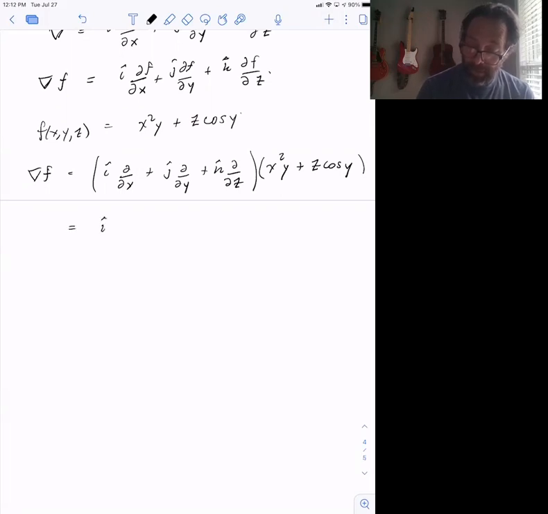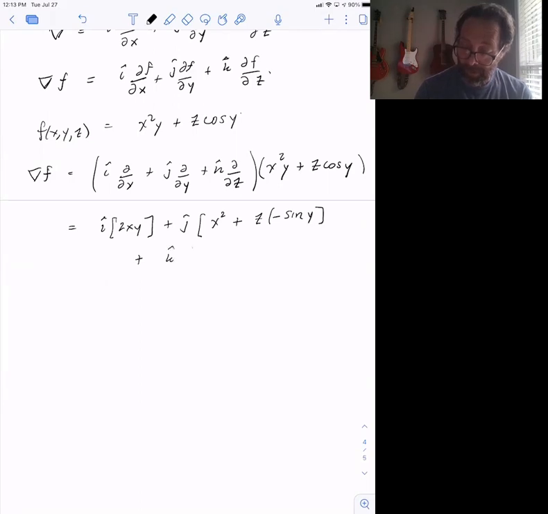So this will be I hat, and I start searching for anything with x, and there it is. And I will get 2xy. There's no x in z cosine y, so I move on to j hat. I look for y in this argument. I see x squared, the derivative of y is 1. And here I see plus z, and then I'll have minus sine of y when I take the derivative there.